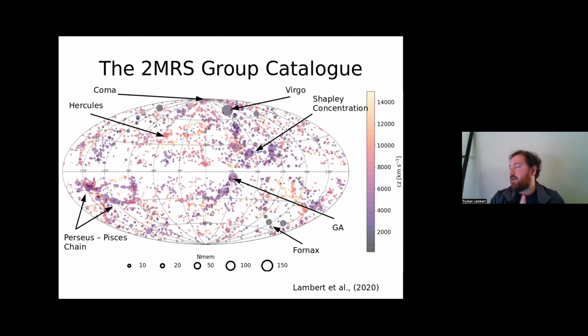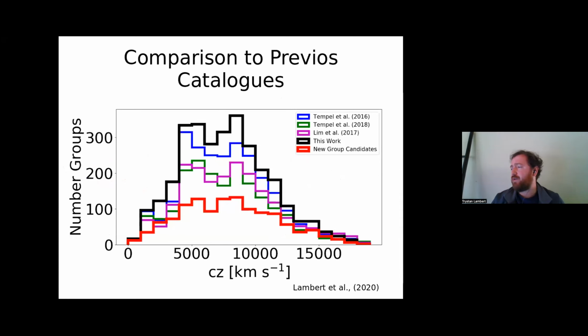Summarizing now, this is the 2MRS group catalog that we've had, that's been published. We recovered all of the great and wonderful large-scale structures that people love. And when we compare to other catalogs of the same 2MRS, we find on average more.